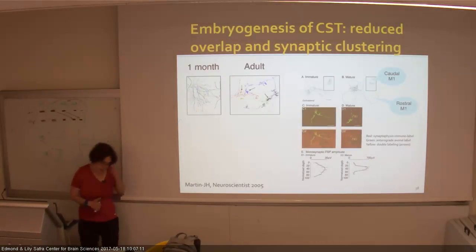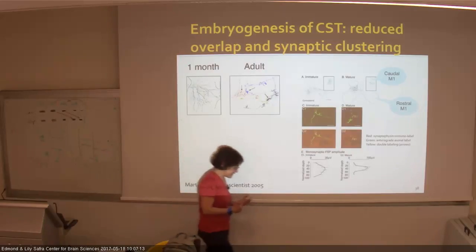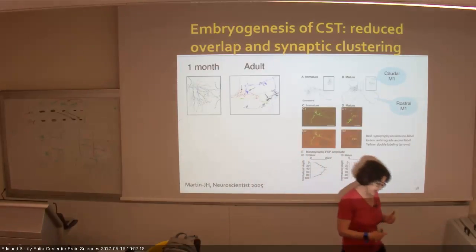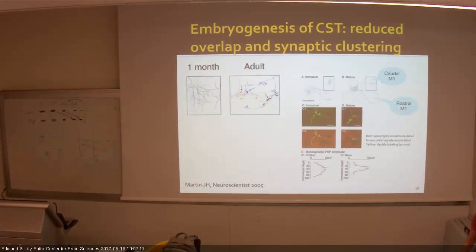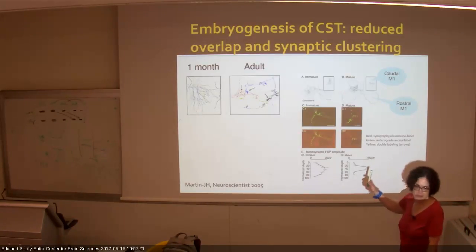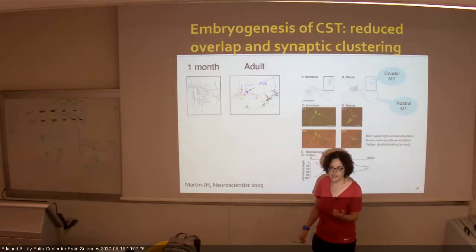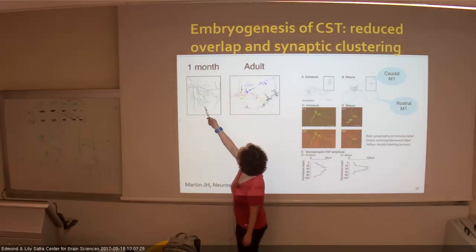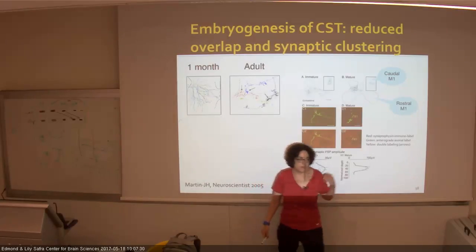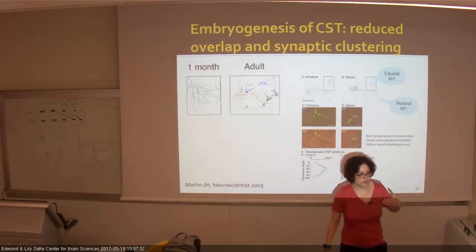Now we can learn about the function of the corticospinal tract by looking at the embryogenesis of the pathway. This is work that was done in kittens, little cats, and you can see that the pathway actually evolves after birth.